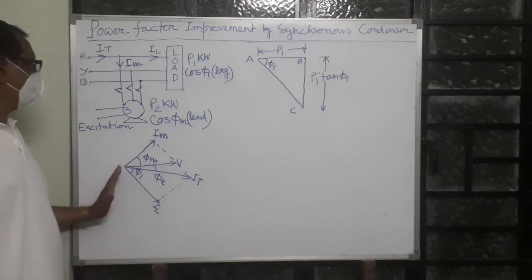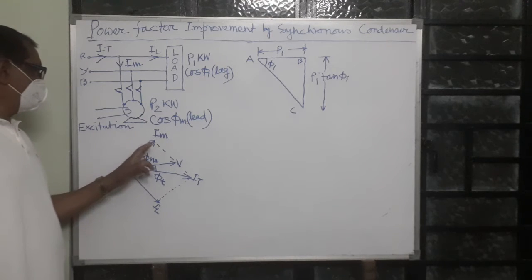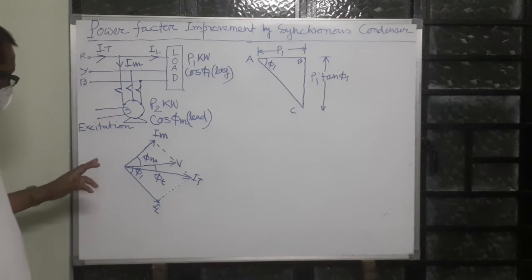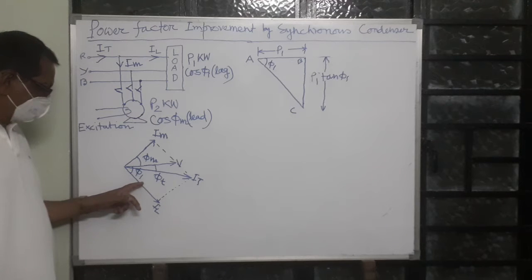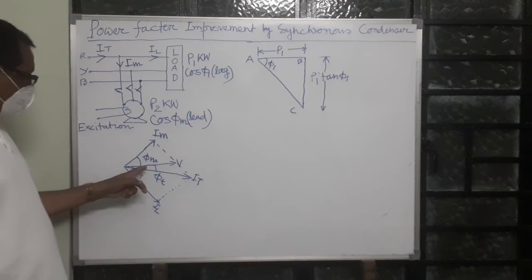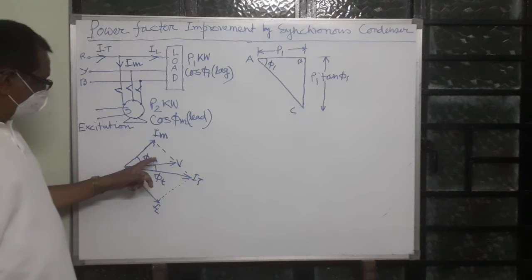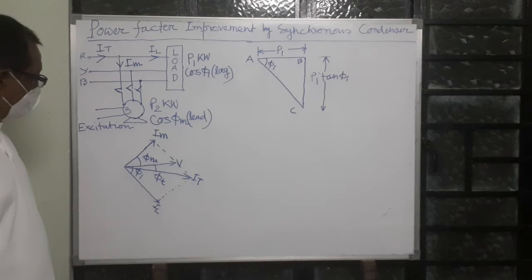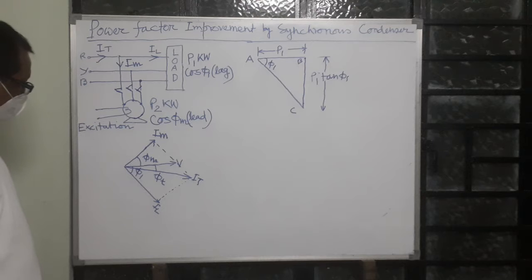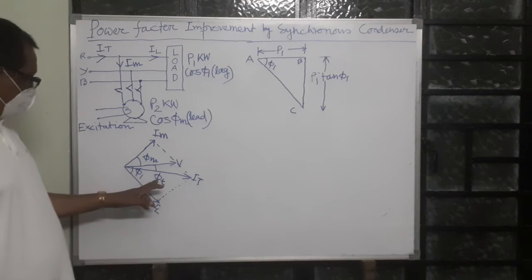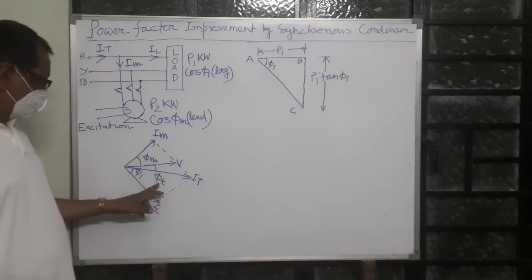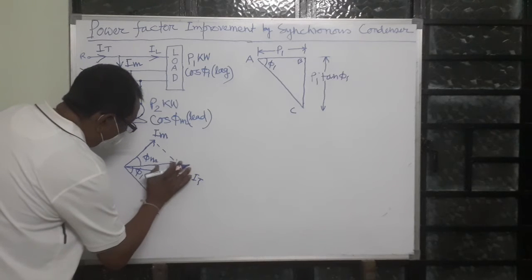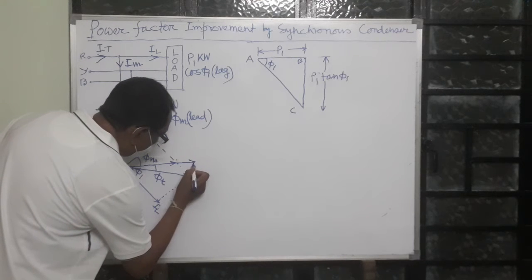This is the vector diagram after connecting the synchronous machine. The load current lags by phi 1, and the motor current leads the voltage by an angle phi m. Now the resultant power factor angle is phi t, the angle between voltage and total current.